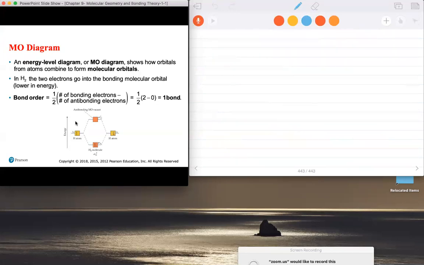How do you end up with this molecular orbital diagram? On my whiteboard, I'll start by saying for hydrogen and another hydrogen here, if this is 1s with 1 electron, and this is 1s with 1 electron, remember we end up with 2 molecular orbitals. It's just going to give you 2.